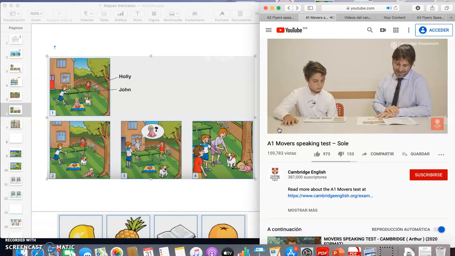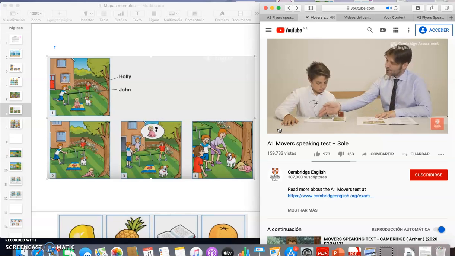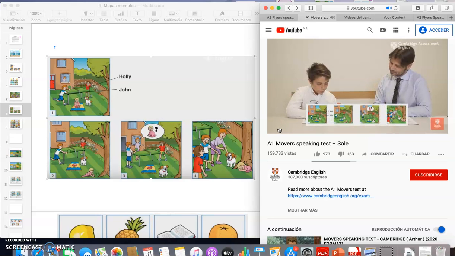Holly and John are playing table tennis in the garden. The baby and the dog are there too. Mum's saying, "Please watch the baby for me." Now, you tell the story. While John and Holly are playing table tennis, the baby is going near the tree, and the dog looks at the baby.